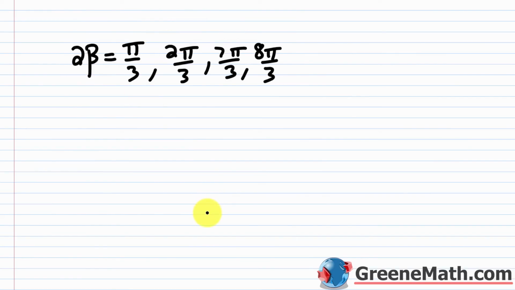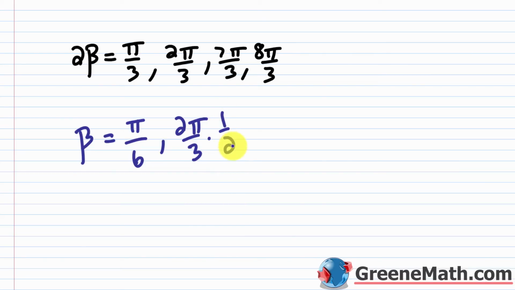So basically, if you want to solve for beta, you would divide everything by 2, or multiply everything by a half. So beta is equal to pi over 3 times 1/2, which is pi over 6. Then 2 pi over 3 times 1/2, so the 2's cancel, and that would be pi over 3.